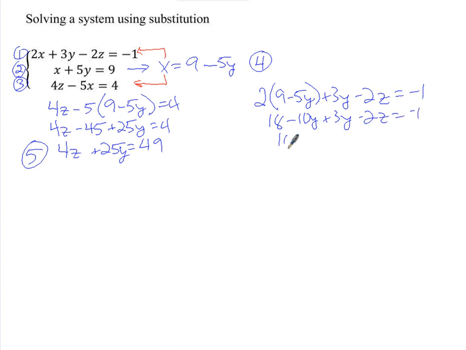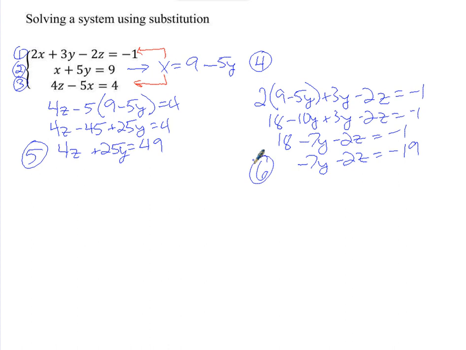Combine like terms. 18 minus 7y minus 2z equals negative 1. Get the 18 on the other side. So now you have negative 7y minus 2z equals negative 19. Call that equation 6.